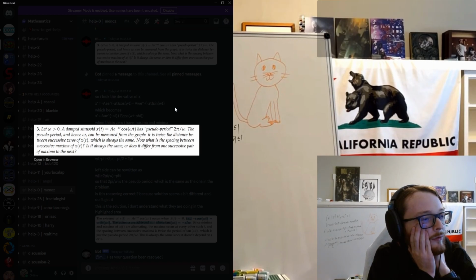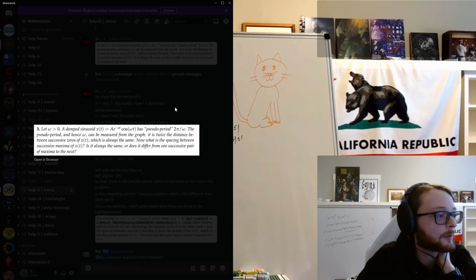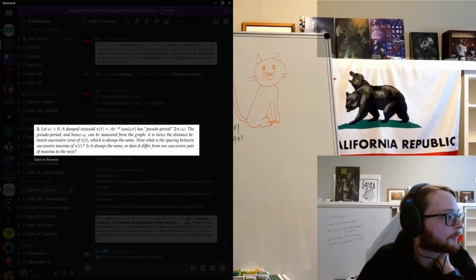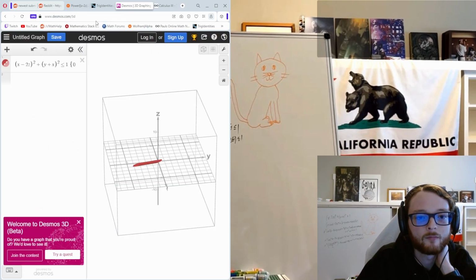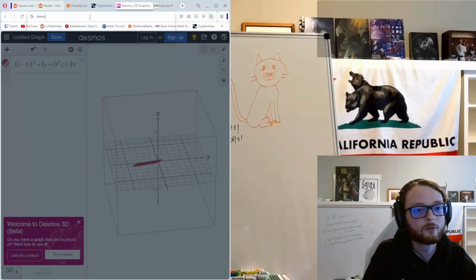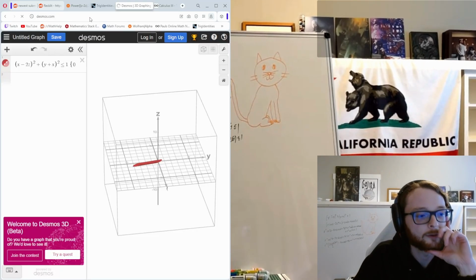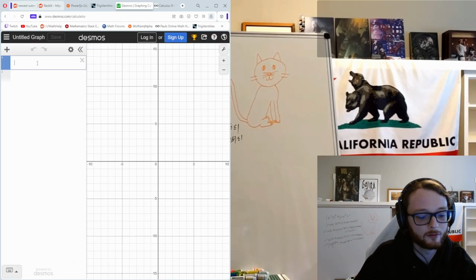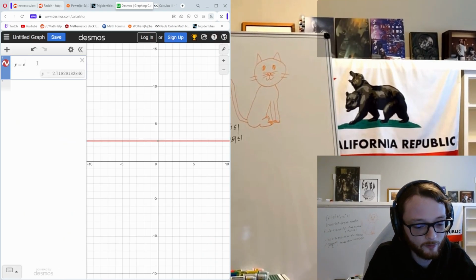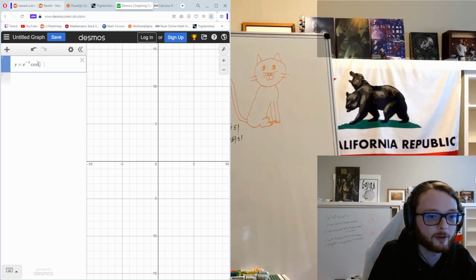When t is very large, let me just graph this because it'll be easier to look at than to say. I don't want 3D Desmos, just give me regular Desmos. Leave graphing calculator. Y equals e to the minus t cosine t.